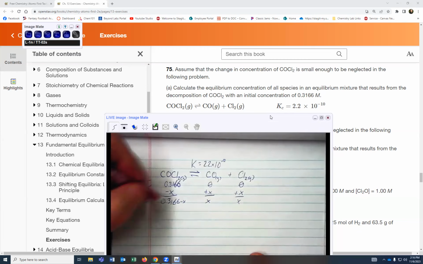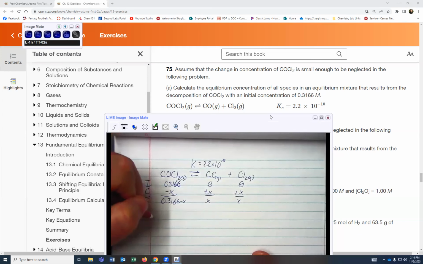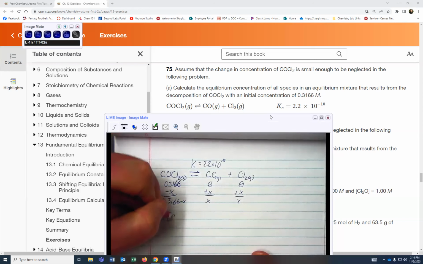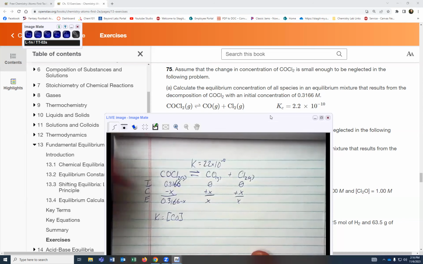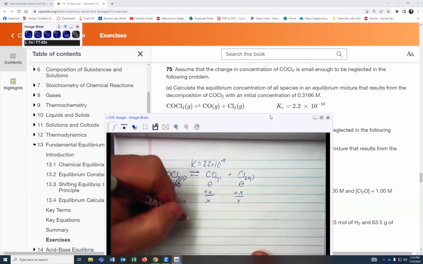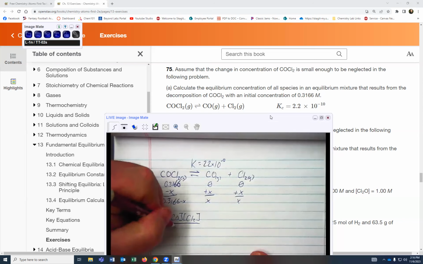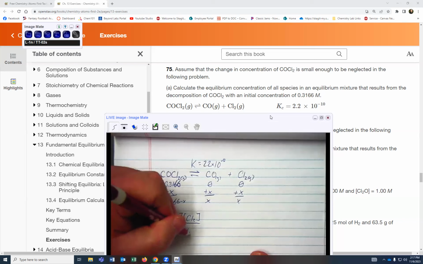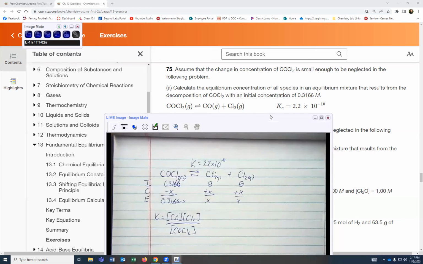If we write our general form for that equilibrium expression, K sub C should equal our molarity of carbon monoxide to the first power times our molarity of Cl2 to the first power divided by our molarity of COCl2 to the first power. We all good so far?